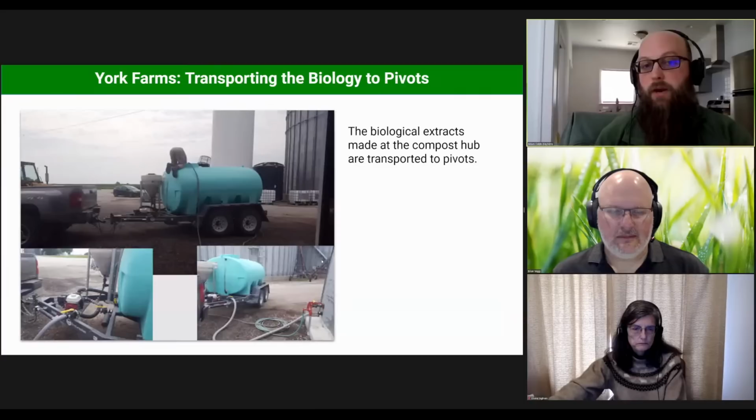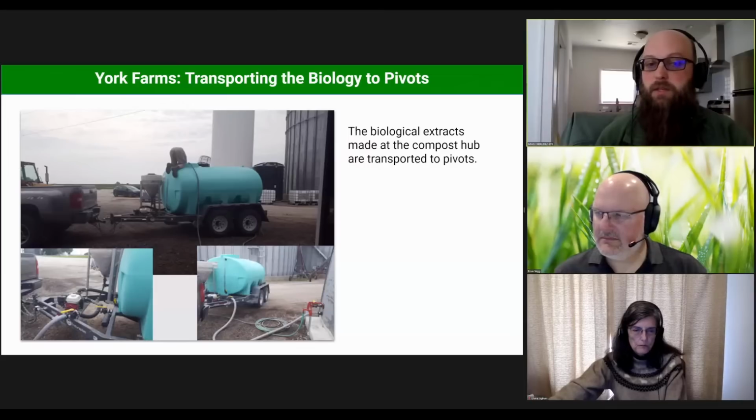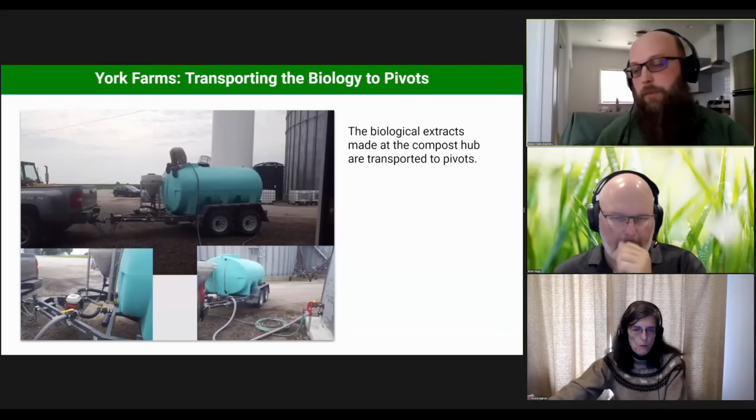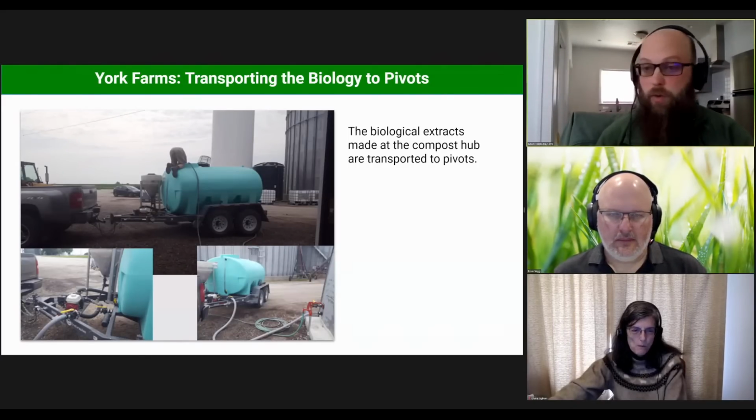This is just where Adam York's group sometimes is transporting out and applying these liquid amendments at different scales. So pasture systems, for example, are not typically pivot irrigated, but a lot of times there is some kind of spraying equipment that can be adapted.